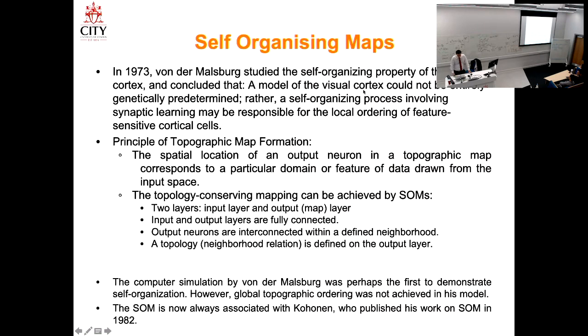The idea comes from 1973 as well, when Malsburg defined the self-organizing property of the visual cortex. He believed that in our brains, once a neuron fires, it excites the neurons that are closer to it more, and the ones that are further away less.